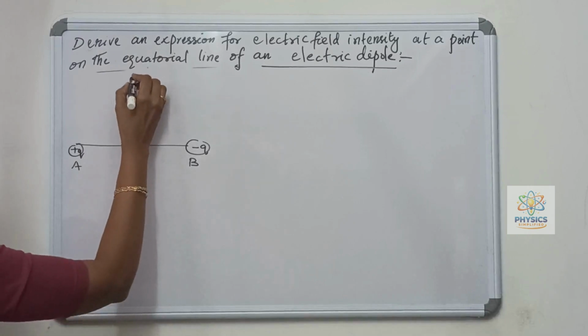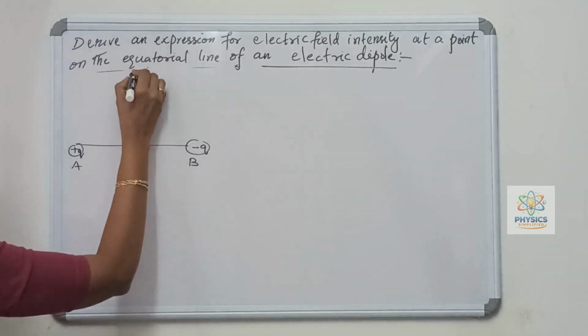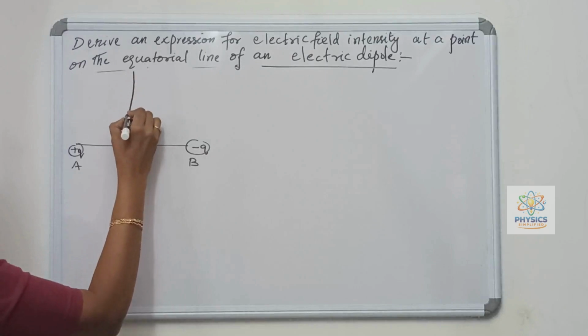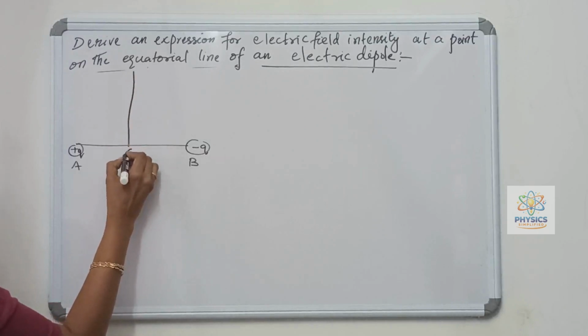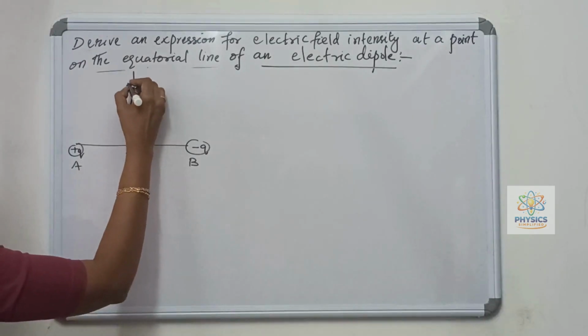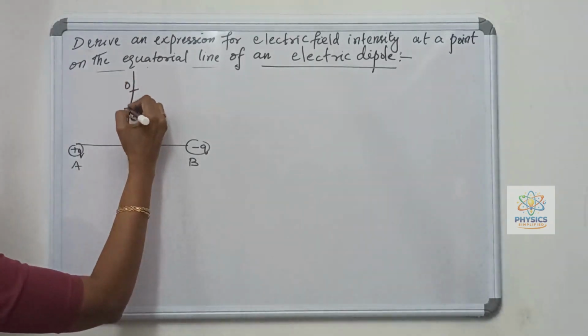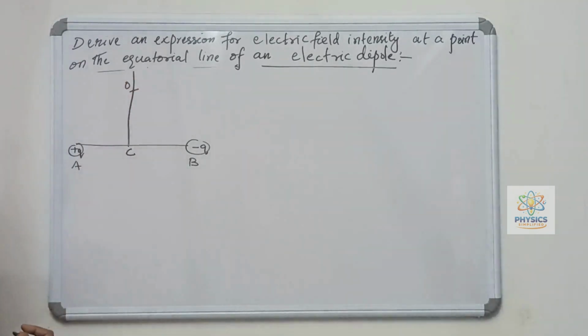So here we have to take a point O at a distance R from the center of the dipole. The point O is along the equatorial line of the electric dipole.